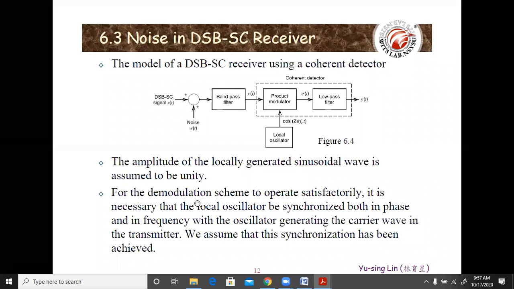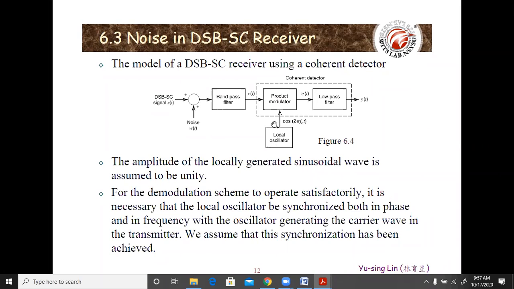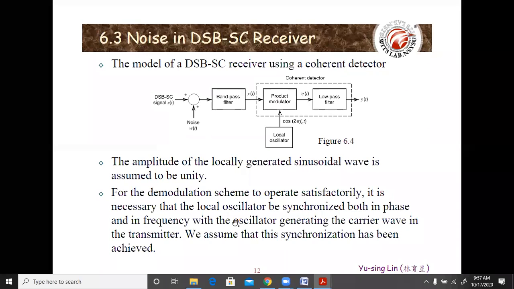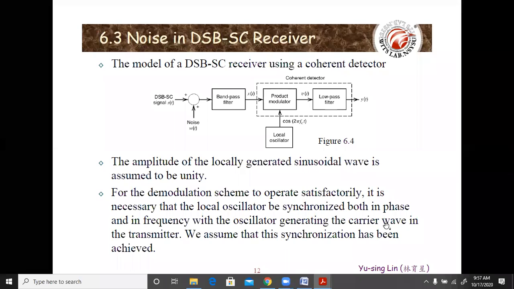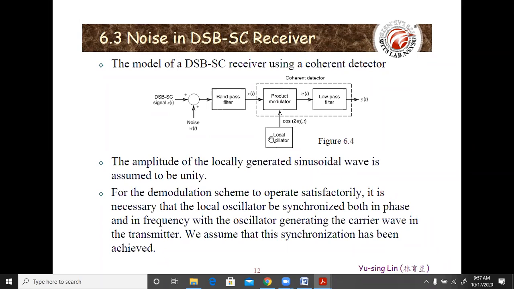For the demodulation scheme to operate satisfactorily, it is necessary that the local oscillator is synchronized in phase and in frequency with the oscillator generating the carrier wave at the transmitter.